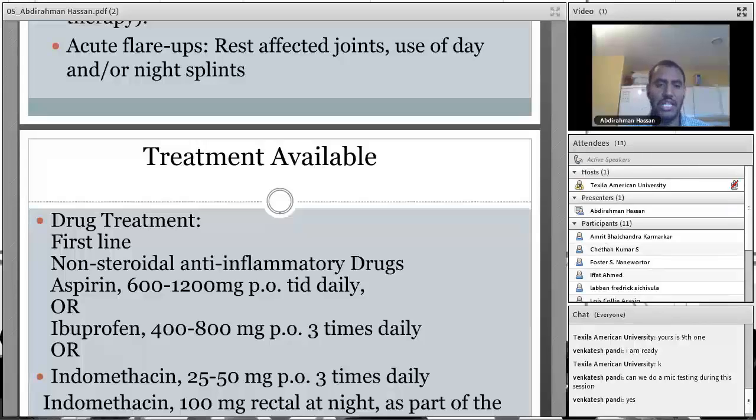There are always clinical features that doctors need to observe and see.